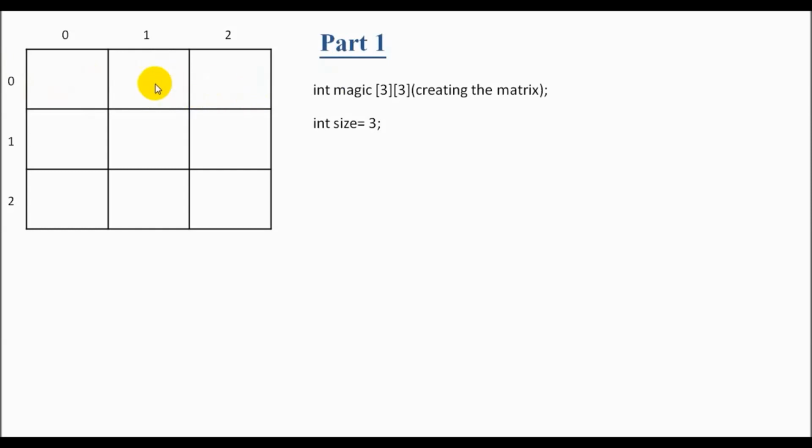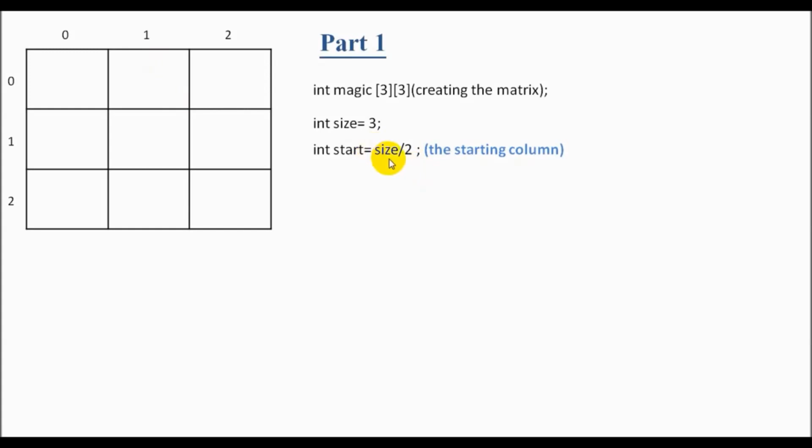It will be different when the matrix size is 5 by 5 or 9 by 9 or 11 by 11. The mid column will always be different. That's why I need to create another variable to indicate the mid column of the matrix. This is the start variable. It is going to indicate the starting column.